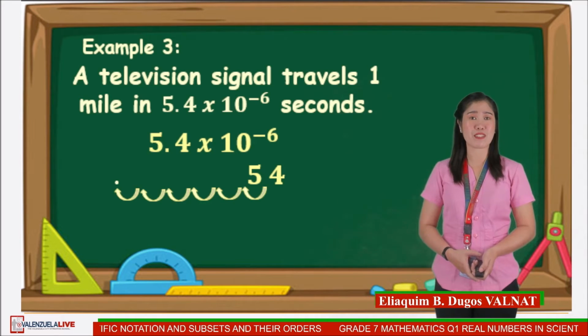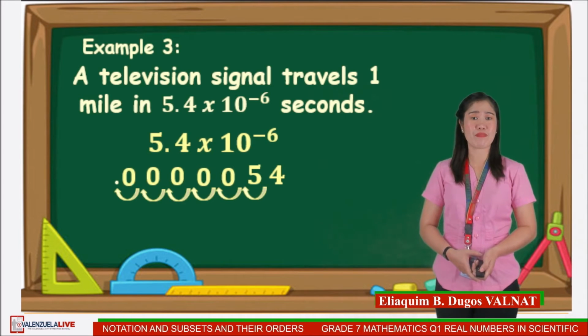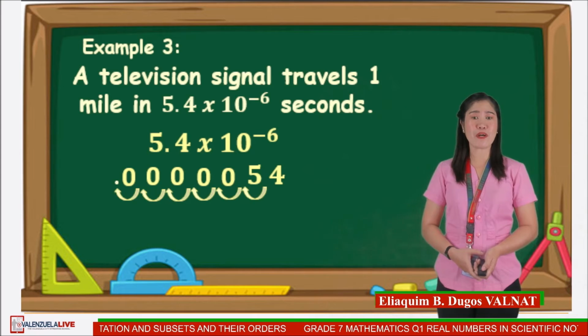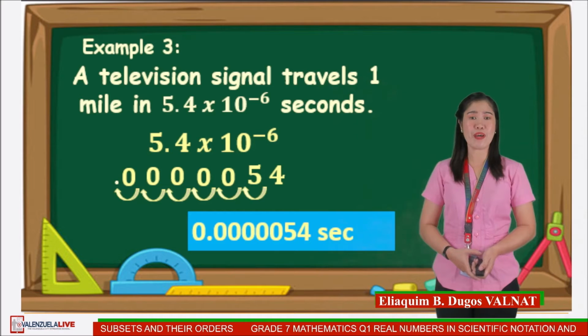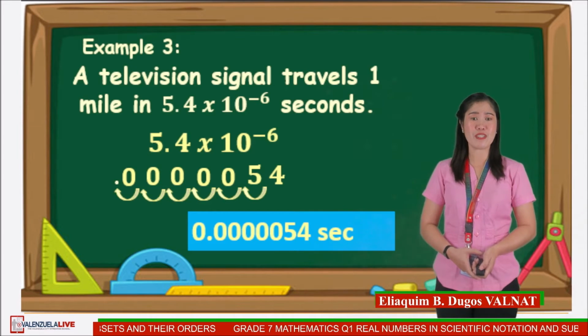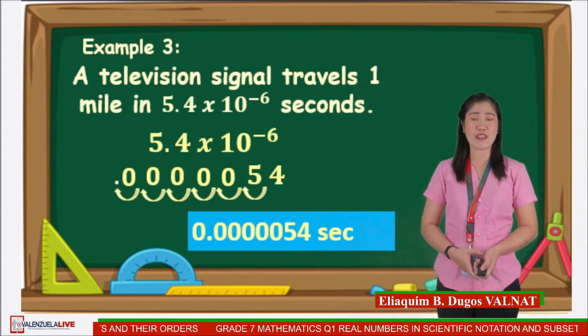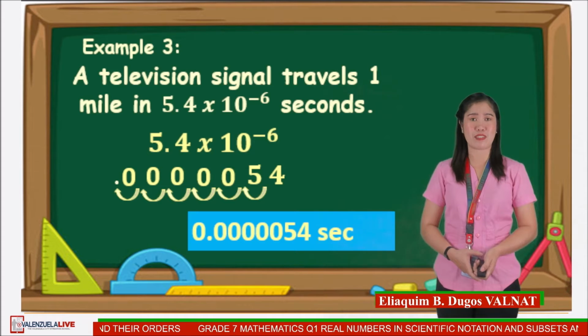Replace empty spaces with zeros. And 5.4 times 10 raised to negative 6 in standard or decimal notation is 0.0000054, or that is 54 millionths of a second.